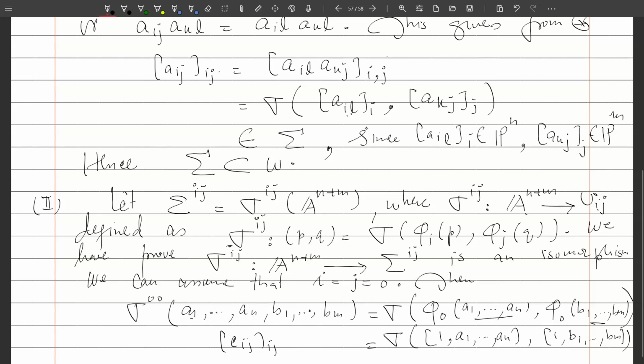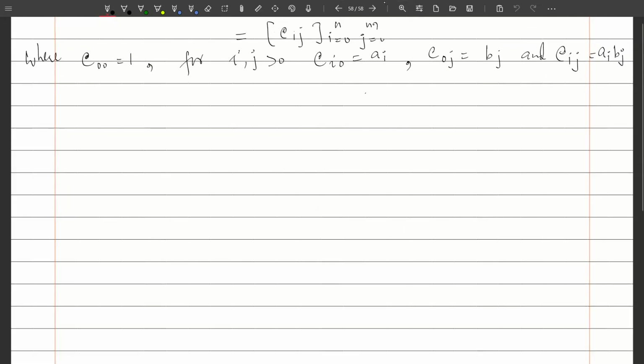So this is a morphism, since the coordinates of the map are regular functions. So this is clearly a morphism.